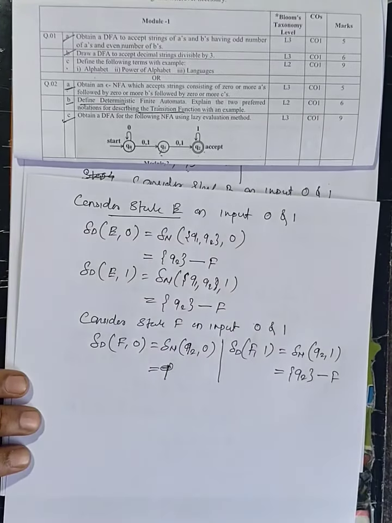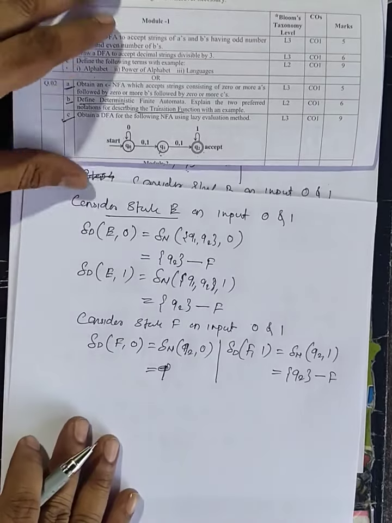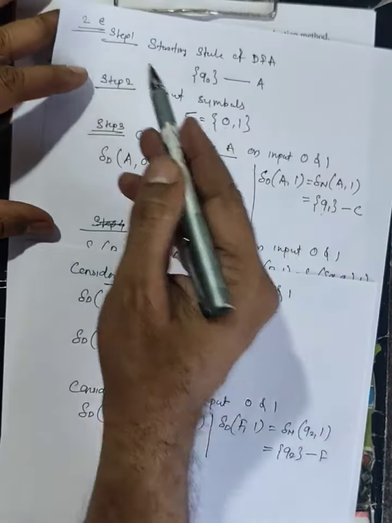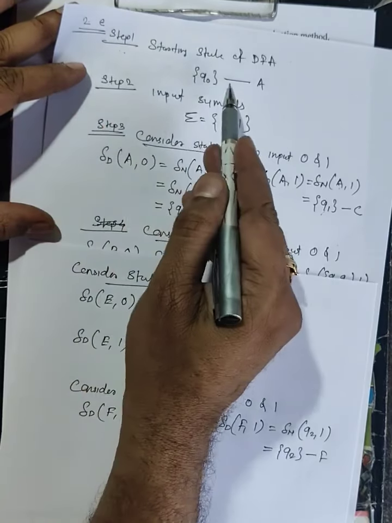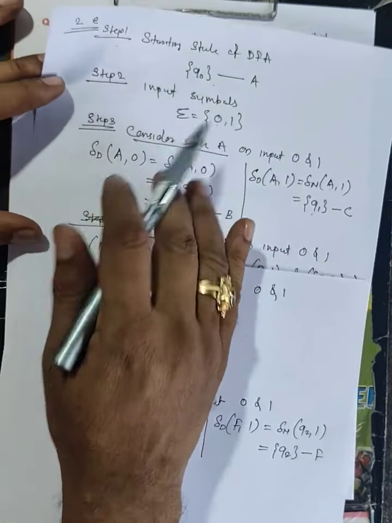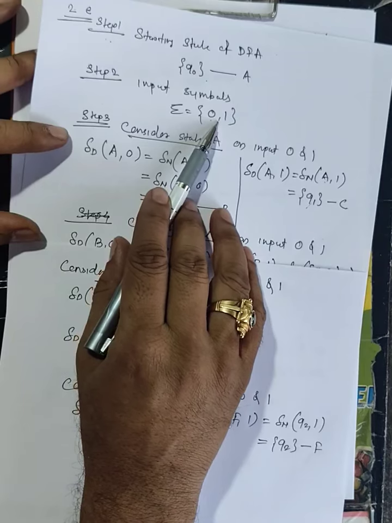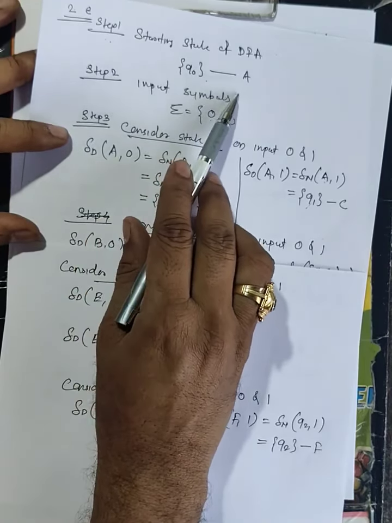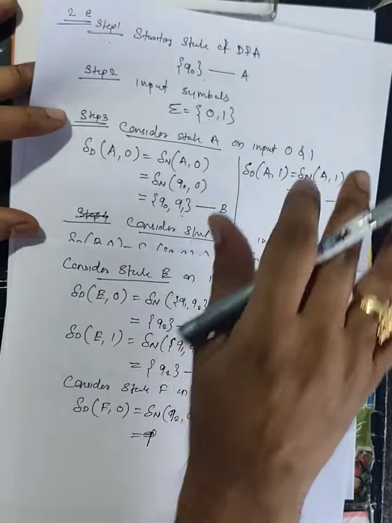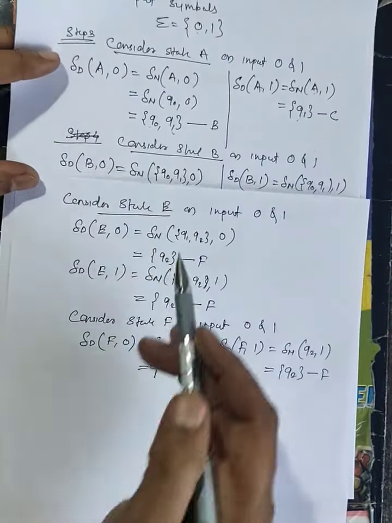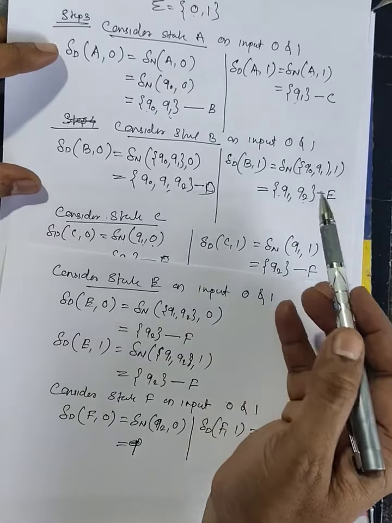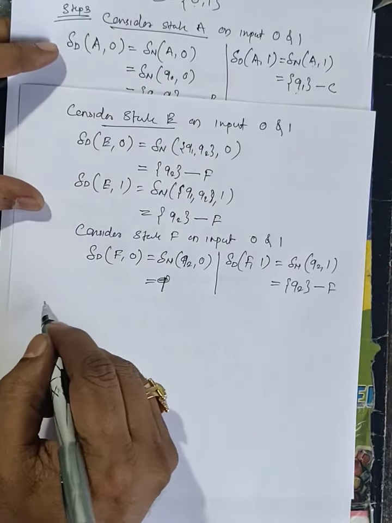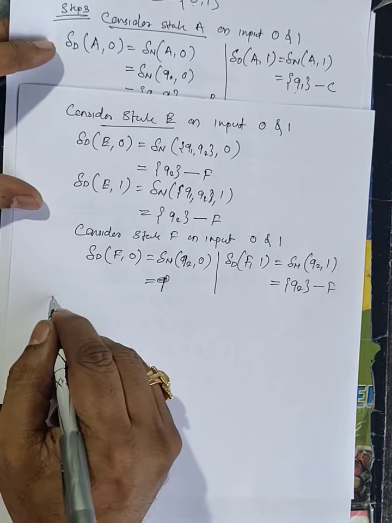This is F. All states are over, then stop. So check here: this is the starting state. Step 1, identify the starting state, then identify input symbols and all transitions from starting state A on all input symbols. We got new states A, B, C, D, E, F.